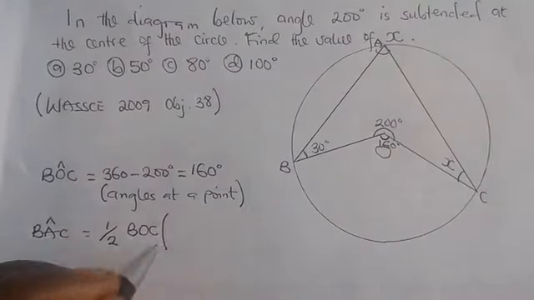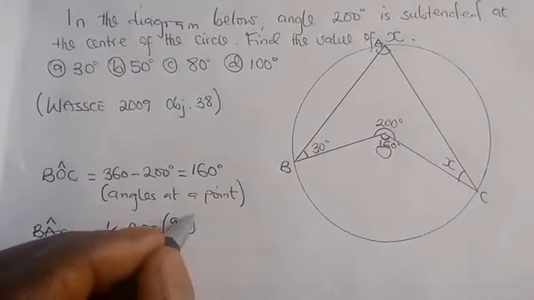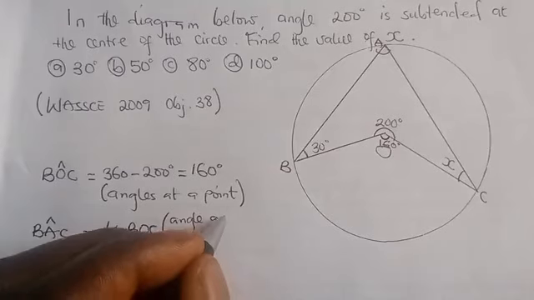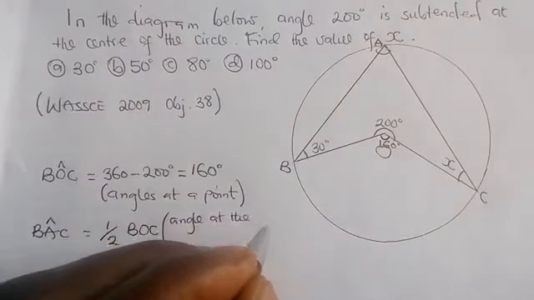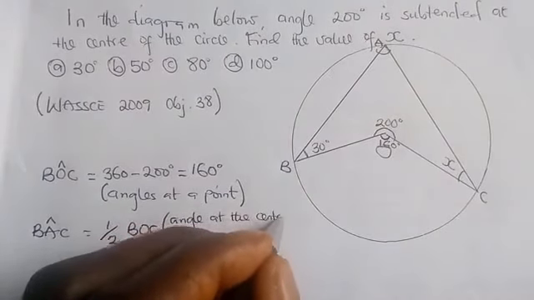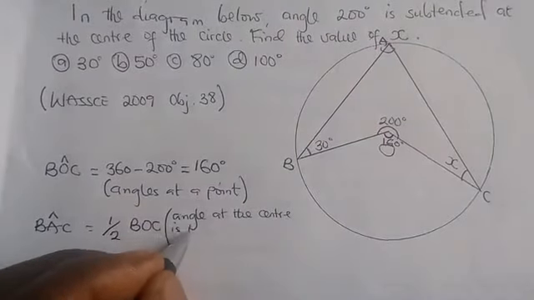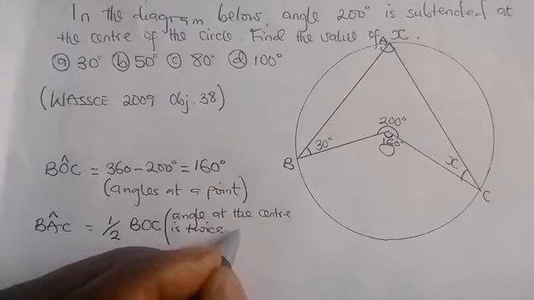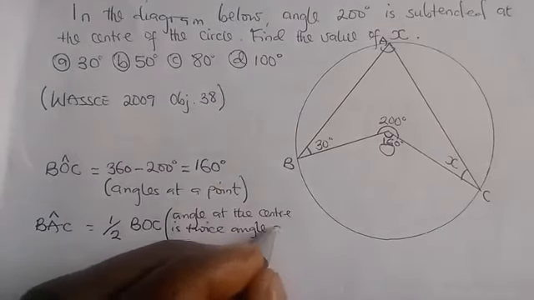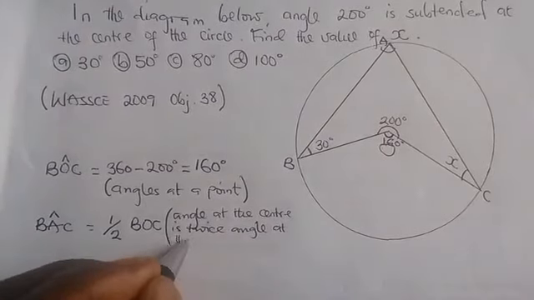That is, the angle at the center is twice the angle at the circumference.